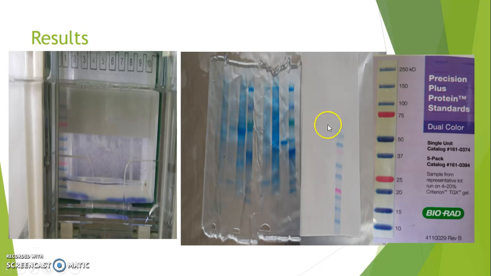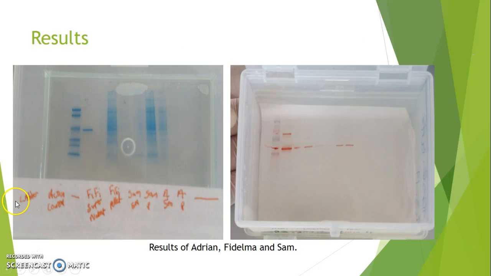The membrane is shown here, which was taken out and disposed of by error. Due to this error, the membrane results had to be obtained from Adrian, Fidel, and Sam. Here is their Coomassie blue stain.